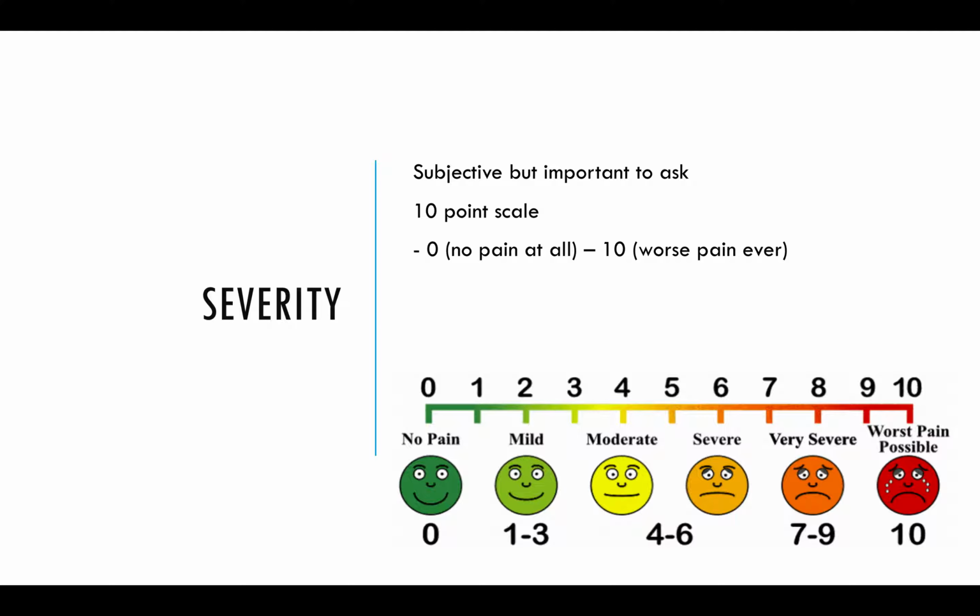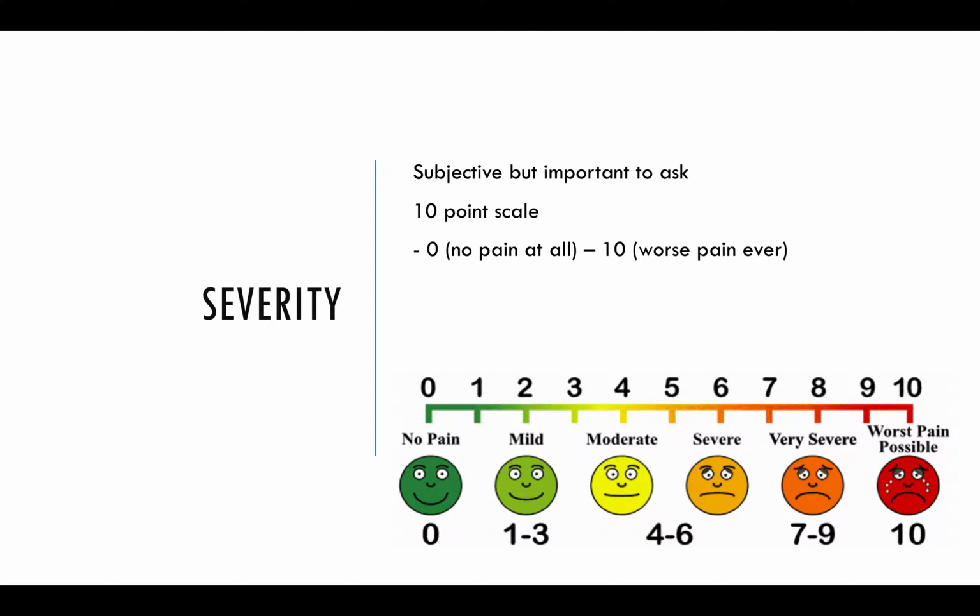Now, severity. Severity is quite subjective. Pain itself is a subjective thing to people. We often talk about the 10-point scale. Everyone's different, and what you need to remember is someone may say the pain is 10 out of 10, and it may be for them the worst pain they have ever felt in their life. That is okay.